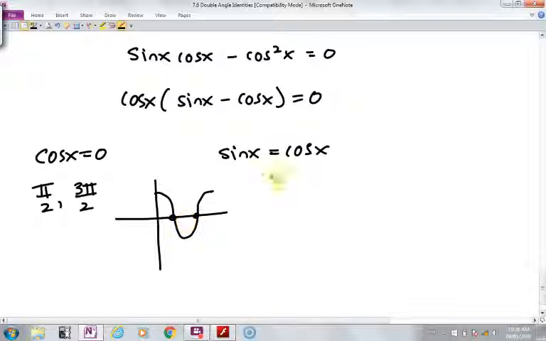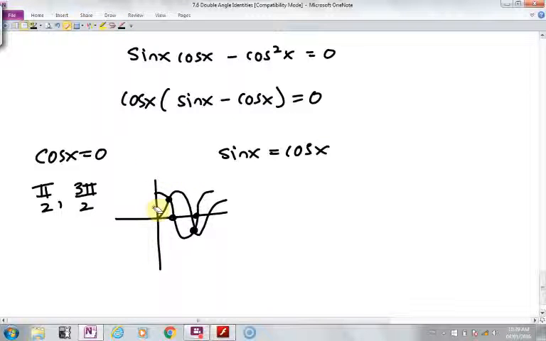Now this is a little different. We've seen this before, but it doesn't come up a lot in solving equations. But where is sine x equal to cos x? Well, if you think about what a sine x graph looks like, let me draw that a little bit better. It's equal to cos x in the first quadrant, where they're both positive, and in the third quadrant, where they're both negative.